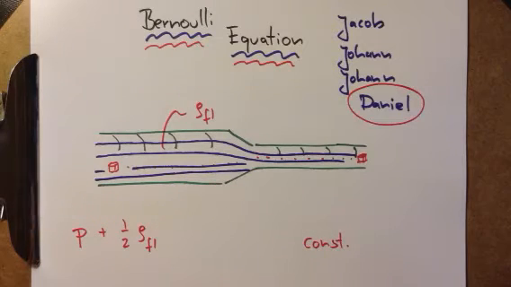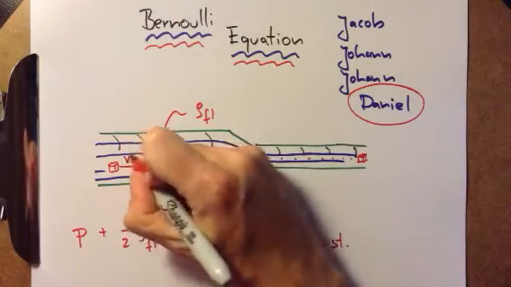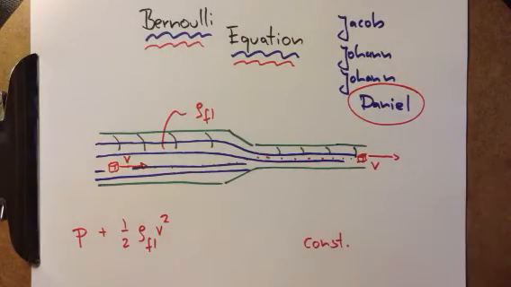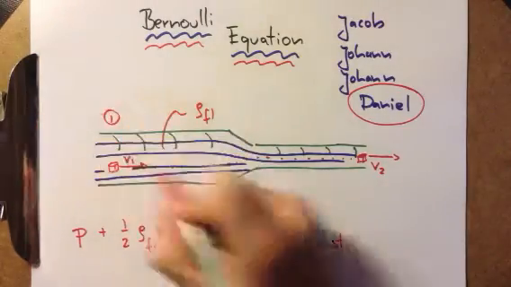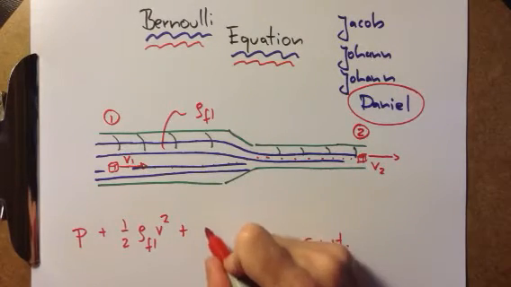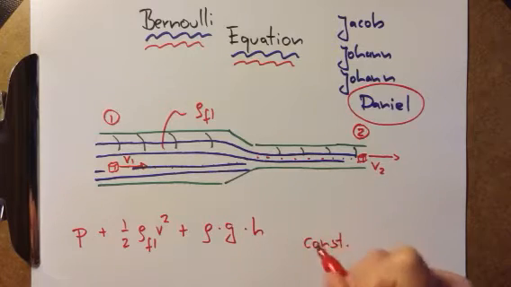So we have the density of water, 1000 kilograms per cubic meter, times the speed of the volume element at this time, or at this point in the fluid. So we've got a V at this point, and we've got a V at that point. So this might be V1, and this might be V2. And we could call this point 1, and this point 2. And finally, adding to this sum is a potential energy term, rho times gravitational acceleration times height.